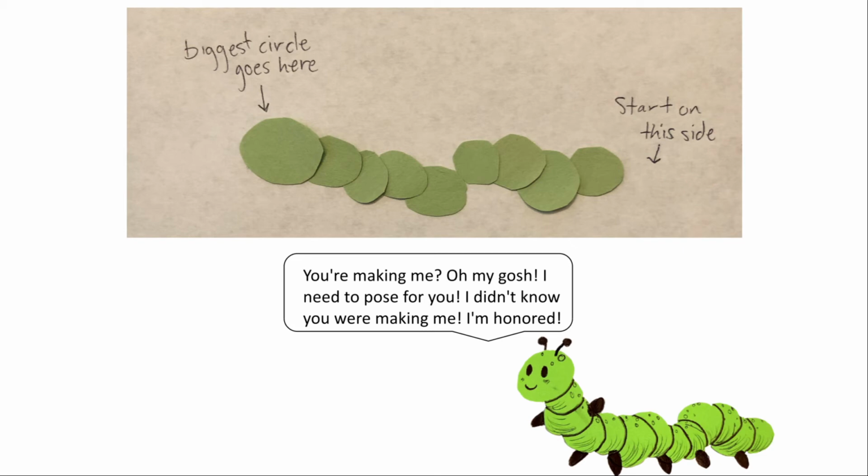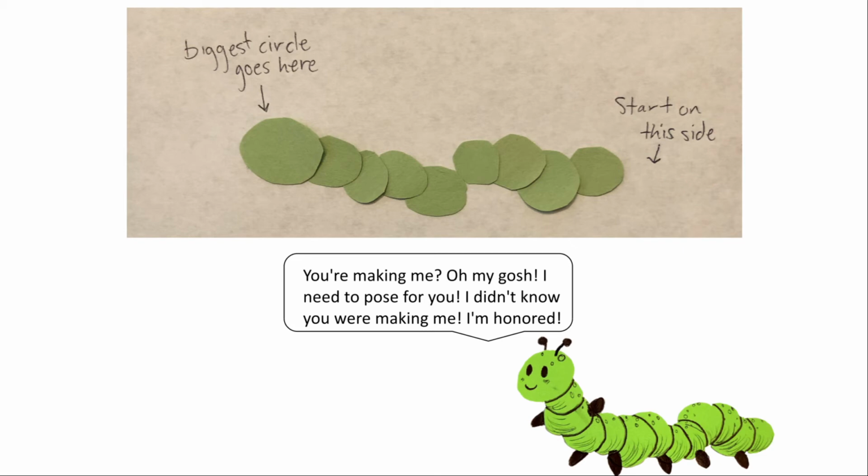So what we're going to do is start on the right side of your paper, on some white paper. You're going to do the 9 small circles, and you're going to arrange them slightly overlapping, like a tiny bit overlapping each other, and you're going to put the biggest circle on the left side, on the other end.